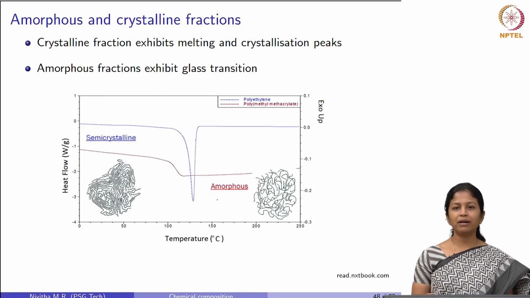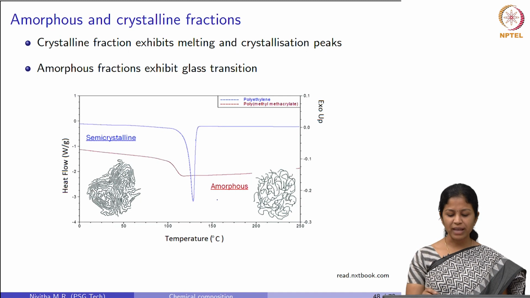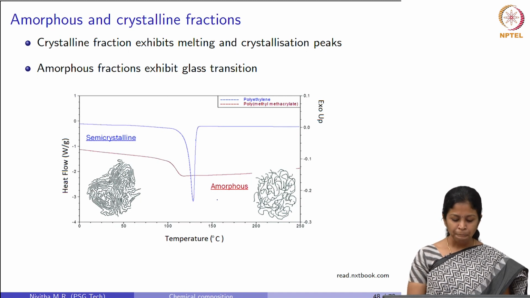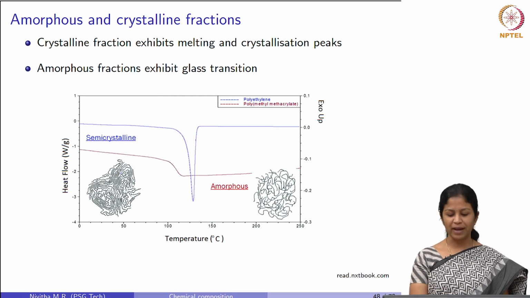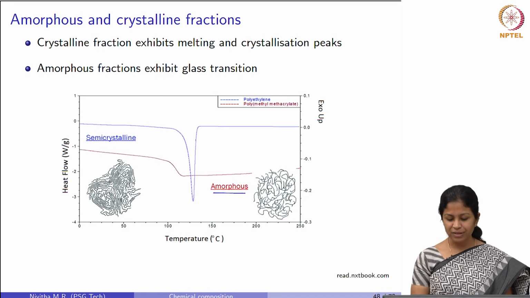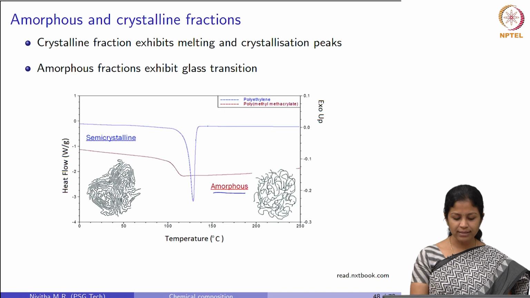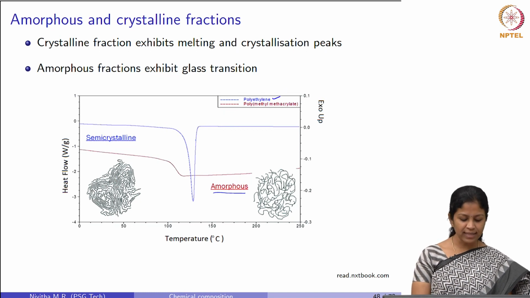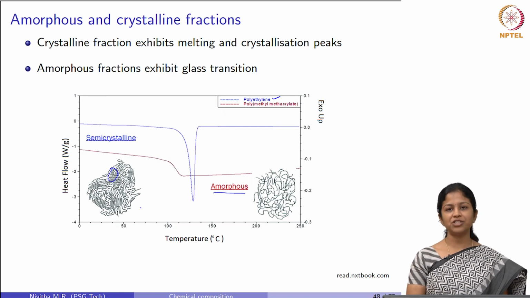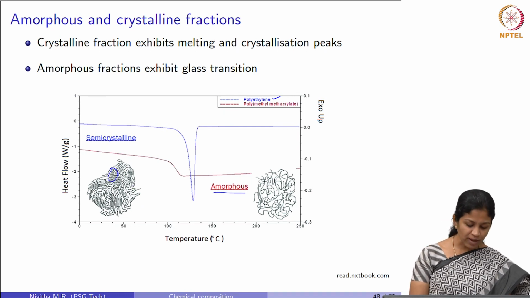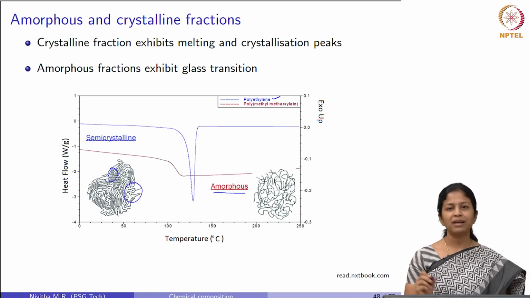We have a sample plot here, which is again defined for polymers. We have two plots, one for a semi-crystalline material and another for an amorphous material. The semi-crystalline material used here is polyethylene. It has some amount of crystalline fraction arranged in an orderly manner, and also some amount of amorphous fraction.